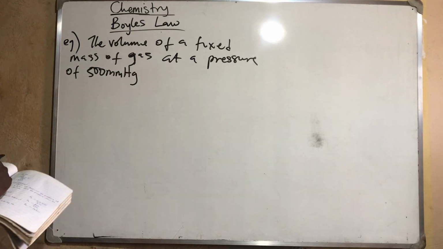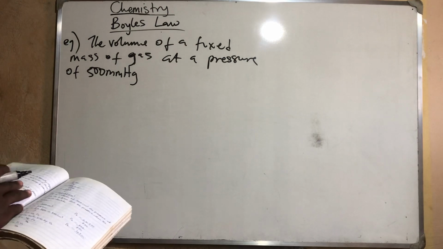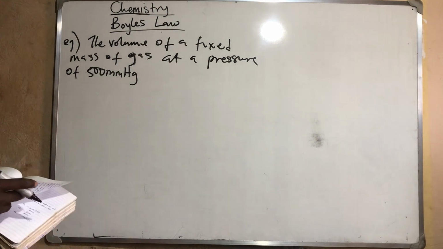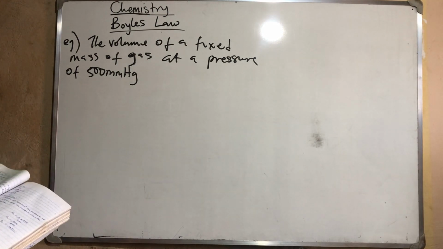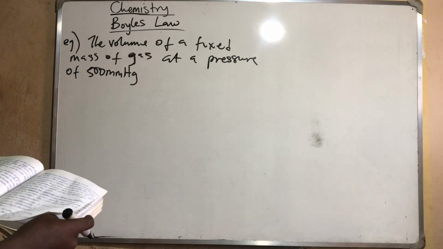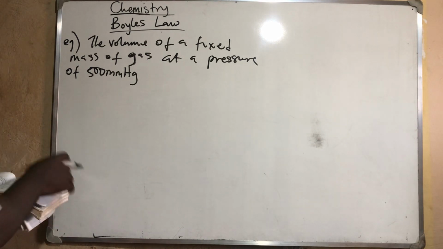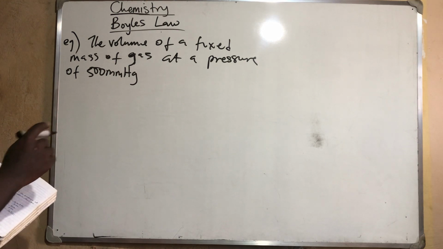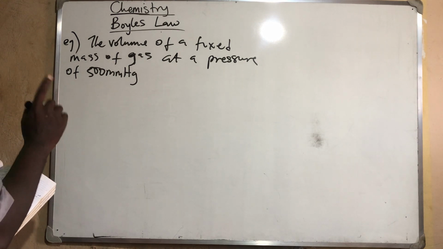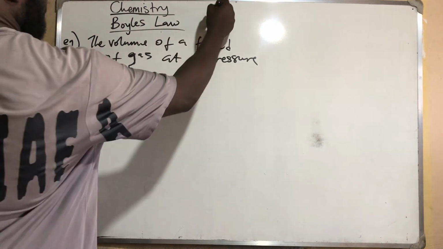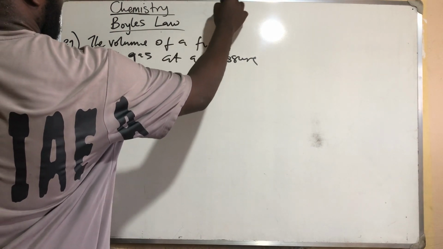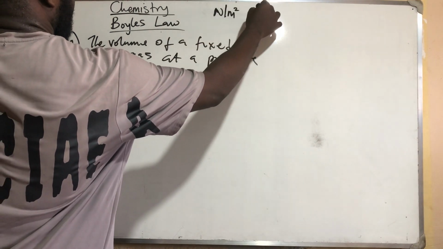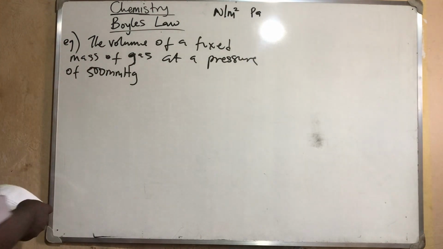And don't forget that I told you that millimeter mercury is the same thing as what? I think it's bar. Yeah, it's the same as Pascal, because Newton per meter square is Pascal. So millimeter mercury is bar.